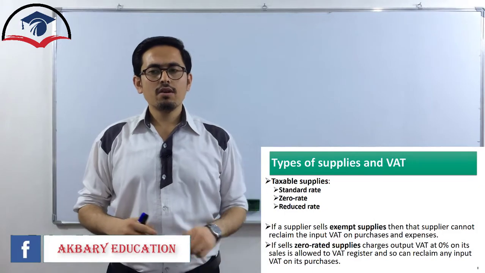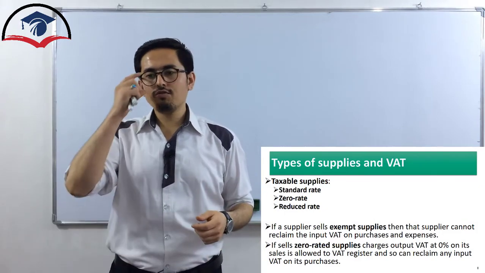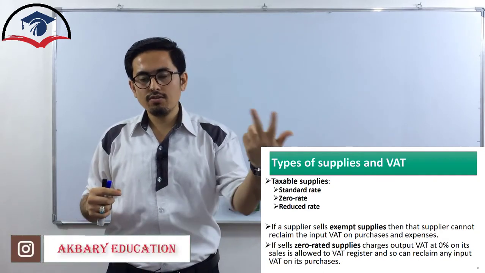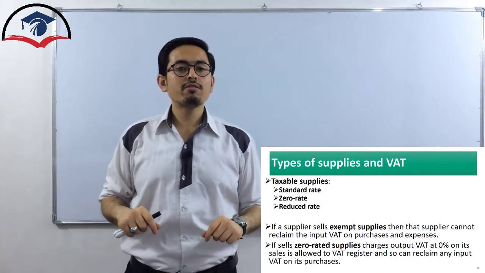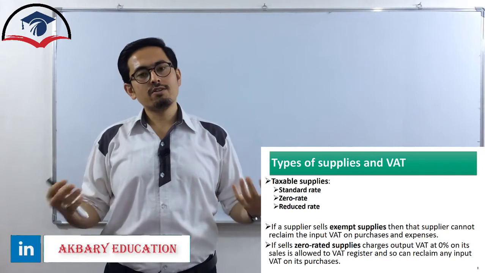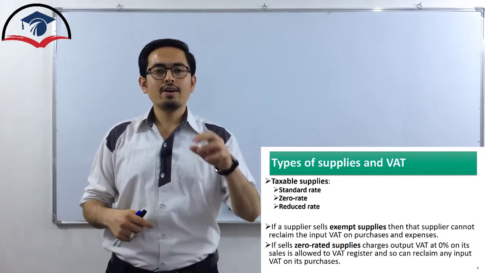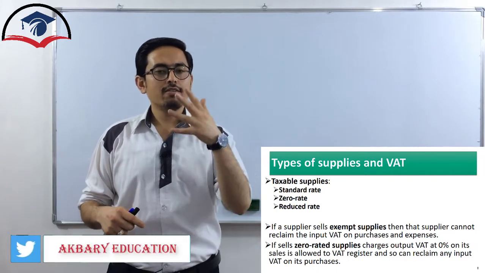There are other taxable supplies which also depend on the country. In general, I can say standard rate supply, zero rate, and reduced rate. Standard rate is the rate applicable on most of the products, that's why it's called standard rate. Zero rate is also based on the policy of the country. They assign some products a zero rate to motivate consumption.